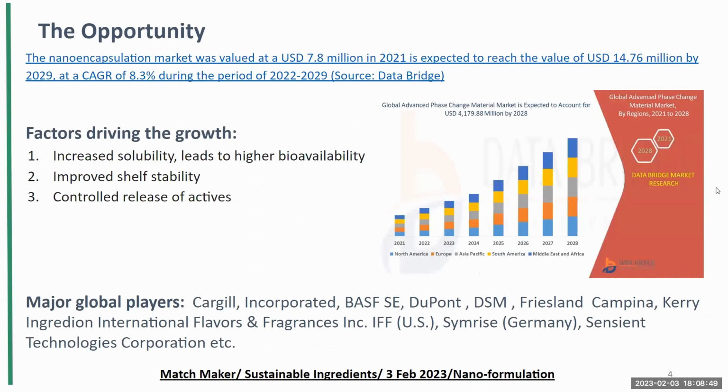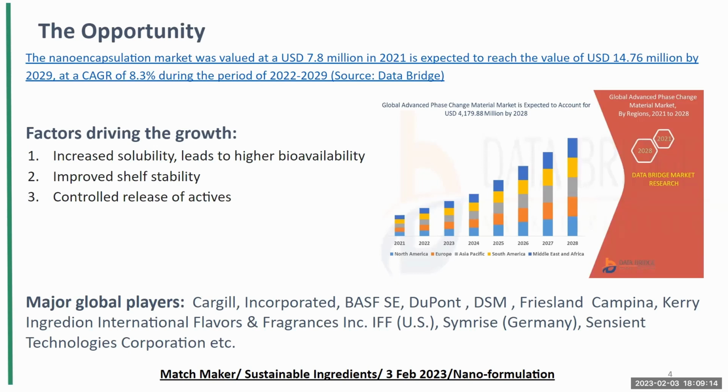When you look into the nano-encapsulation market, the market is a bit niche as yet, but it is developing faster. It is around $7.8 million in 2021, and the CAGR is impressive, 8.3%, and expected to reach around 14.76. The major driving force is again increased solubility, which will finally lead to higher bioavailability.